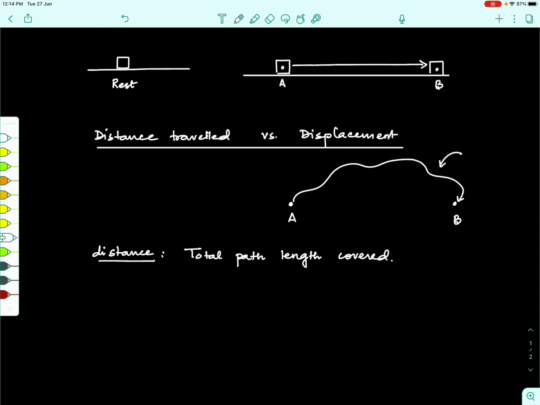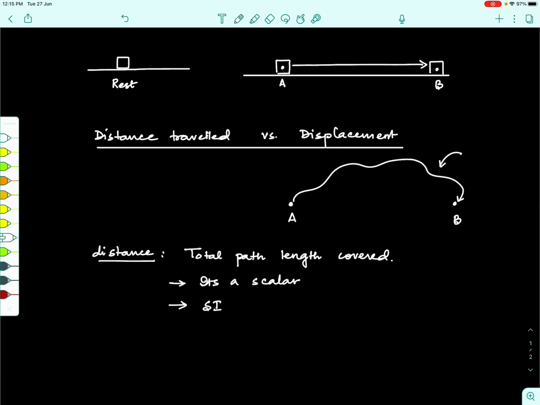Okay. So understand that since it's a length, we are going to measure a length in the process of measuring the distance travelled. It is a scalar quantity. That means it has only a magnitude, not a direction associated with it. Then what is its SI unit? Its unit that we generally use in questions is meters.